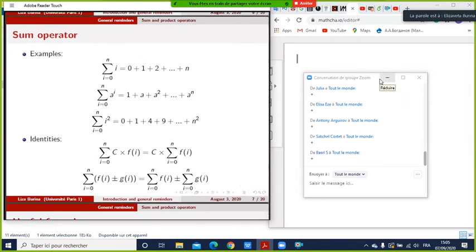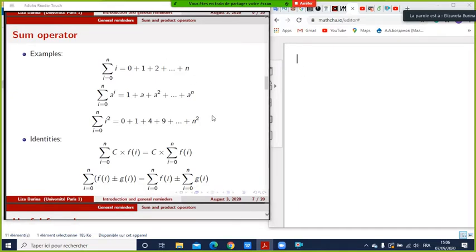Again, I'll always try to tell you why we need it and where exactly in PSME you're going to face this stuff. The sum operator in economics in general is used in optimization when we have not one consumer but many consumers and we need to sum up their utility functions.